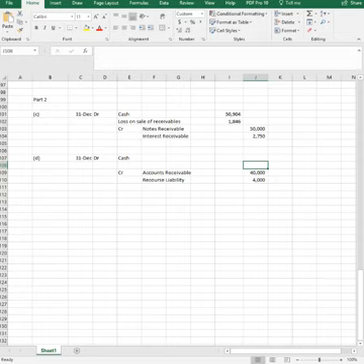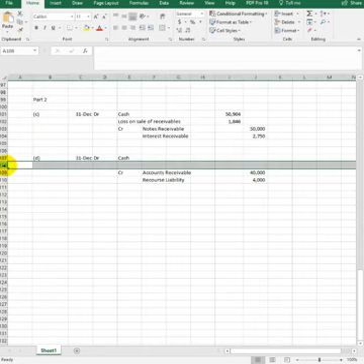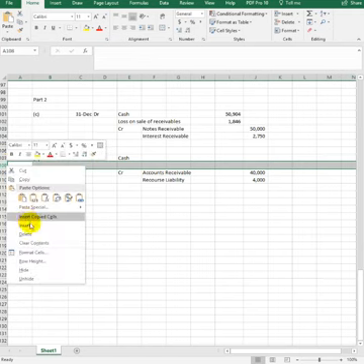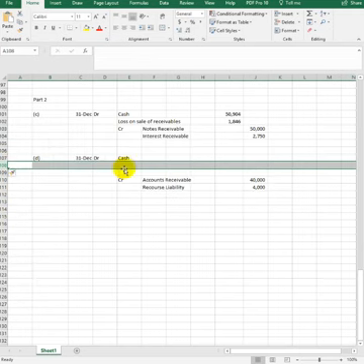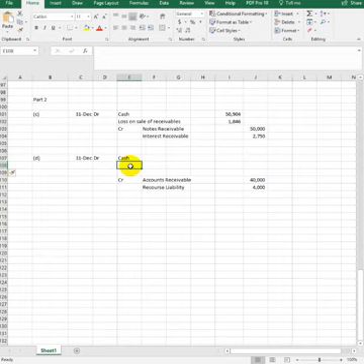Okay, so Primary Factors retains 6% of the balances and assesses a finance charge of 4% on the transfer. So I think I need to put in another line here, please. Insert another line. I need another debit. So I'm going to recognize the fact that Primary Factors retains 6% of the balances.